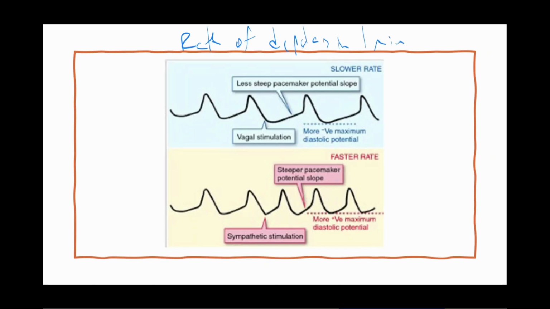The SA node depolarizes faster than any cell in the heart. That's why the SA node wins. But it's got a slow action potential. That's why on the P wave, it's a nice round shape, not straight up and down. It's a slower action potential, but the rate of action potentials is fast in the SA node.